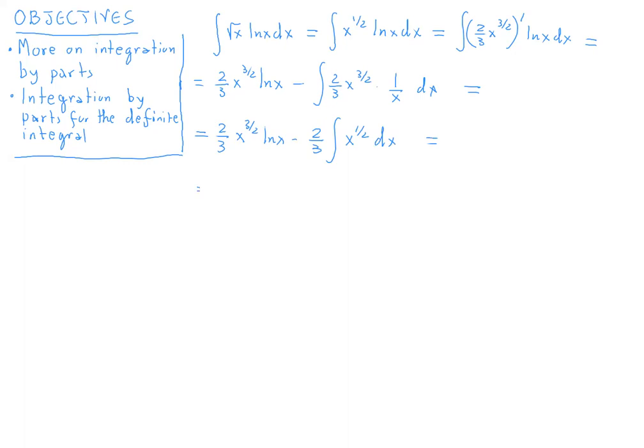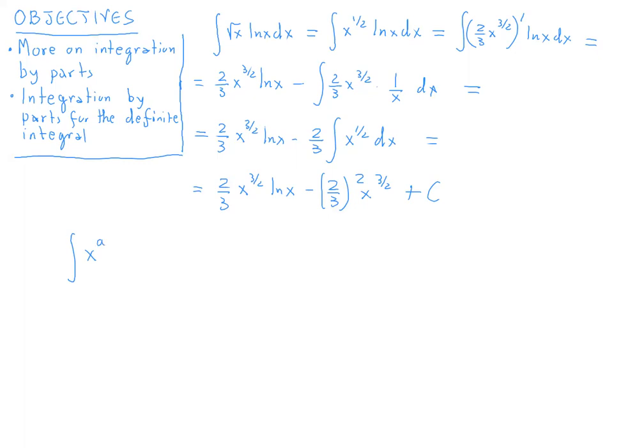And this is equal to 2/3 x to the 3/2 ln of x minus 4/9 x to the 3/2 plus c.